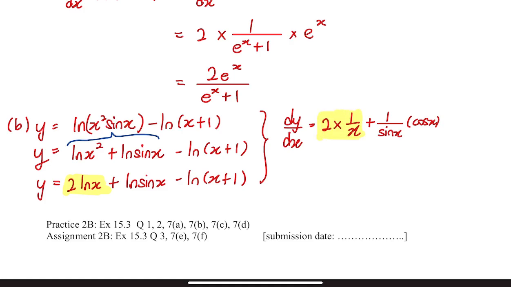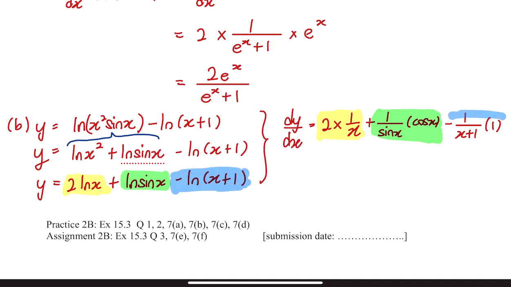If I want to differentiate ln sine x, I will get this expression over here. 1 over sine x times cosine x. Then now the last one, minus 1 over x plus 1. And I differentiate x plus 1, which will give me times 1. And then this will map to the last term over here.